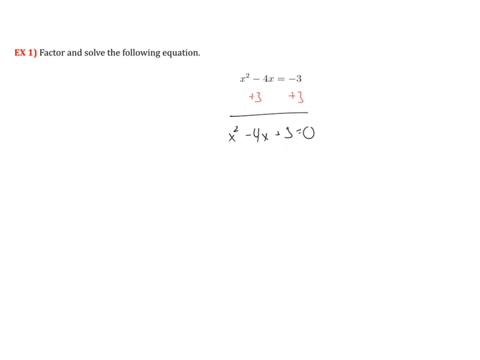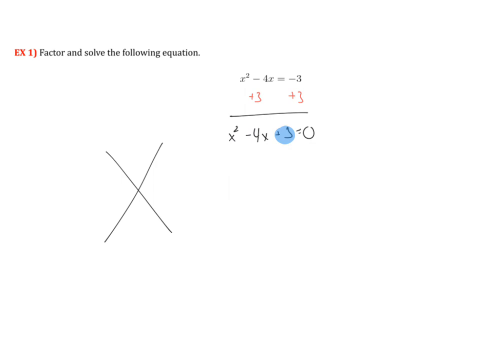The 3 is just a number, whereas you have an x squared and a 4 times an x. So these are all different terms, so we need to write them separately. All right, so from here, let's go ahead and factor using the X method or the magic X. The number that needs to go in the top of this X is going to be our C value, which is this plus 3.